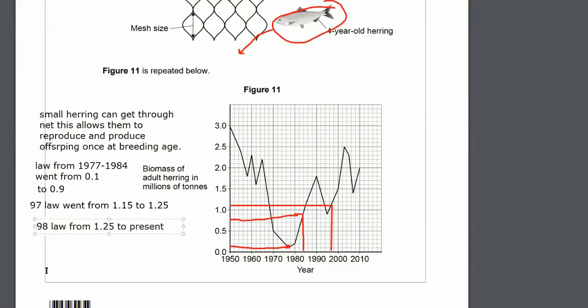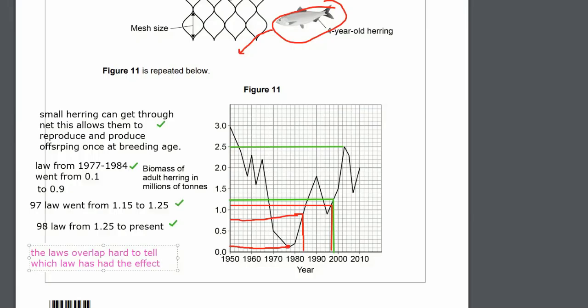So if you look at all the dates and the deadlines, you'll find all the answers. And the law they introduced in 1998 showed an increase from 1.25 to the present.